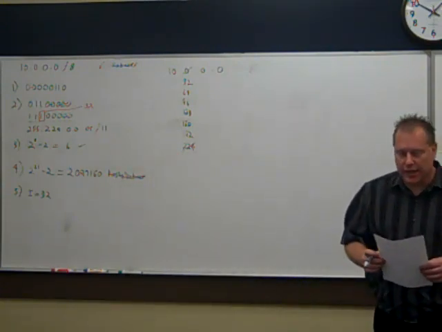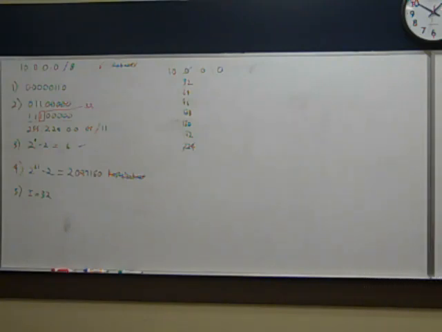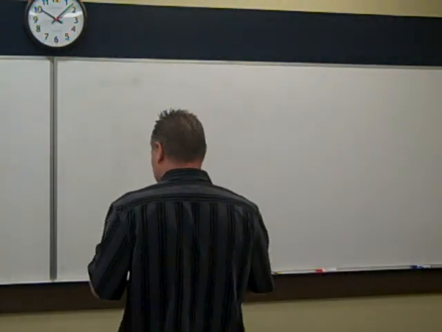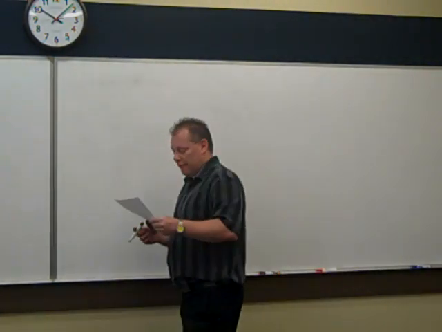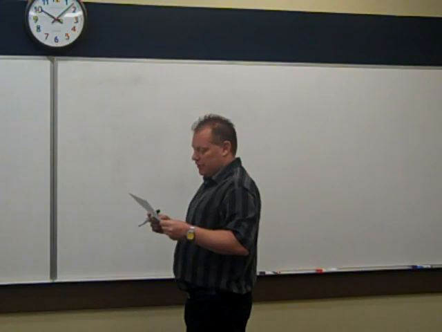So let's go ahead and move the camera. And now we're going to show the range of valid addresses for the 64 network.